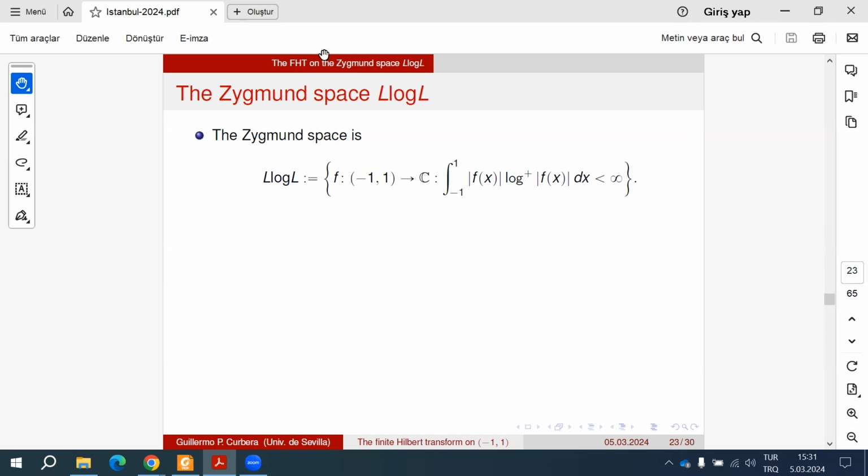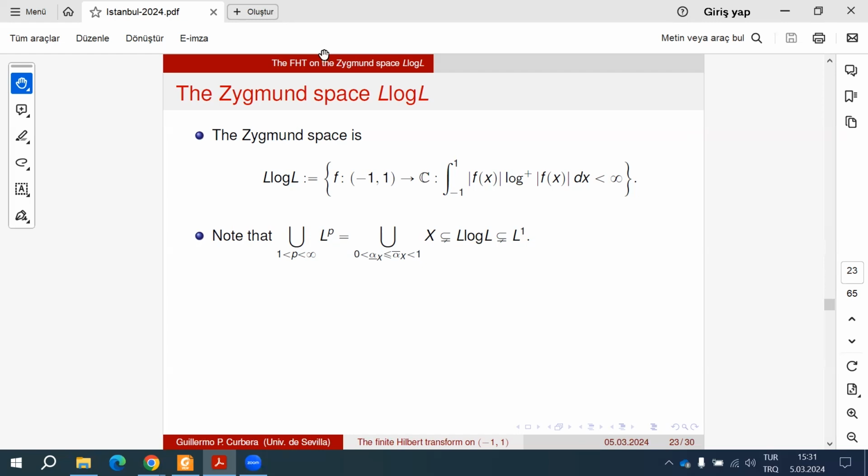This gives a space which is smaller than L1, since not all functions are like that, but the space is larger than any L^p with p greater than 1. All L^p are inside here. Also, all the spaces that I spoke about before, all symmetric spaces with non-trivial indices, are inside here.